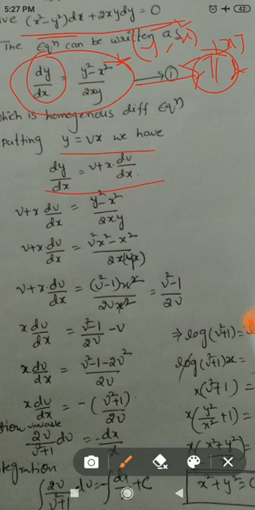What we get is v + x dv/dx = (y² − x²)/2x. But what is y? It is vx.